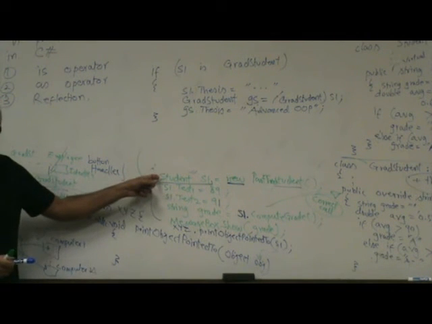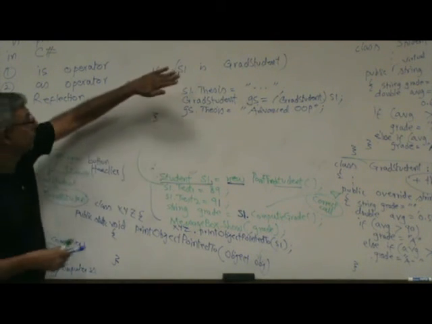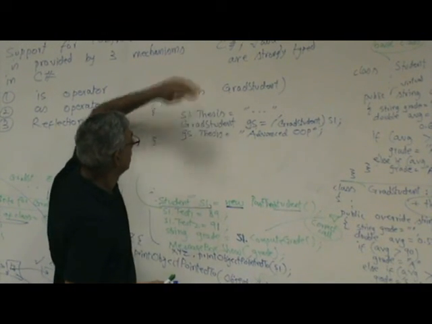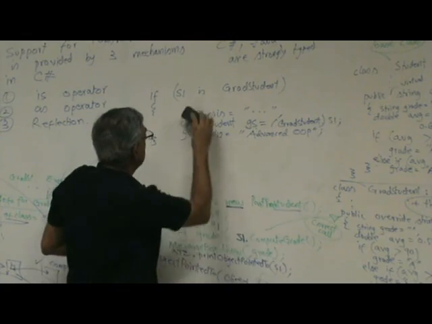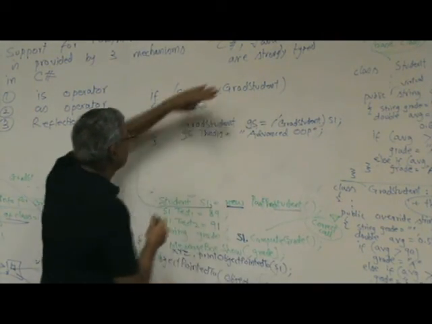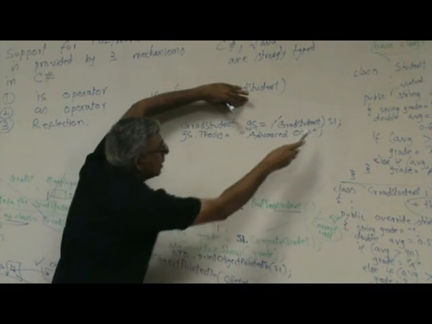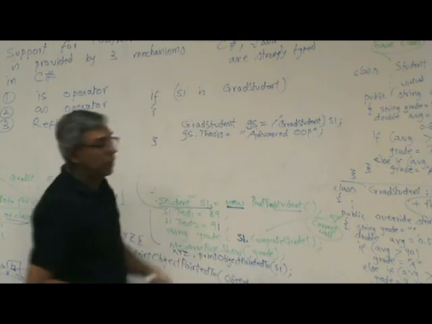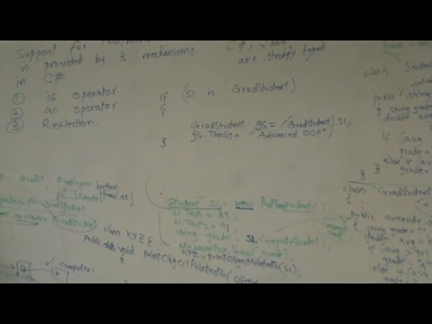So this code is perfectly okay, right? If you did not use the if statement and you try to typecast it to a grad student, it will fail, so you'll get a runtime error.